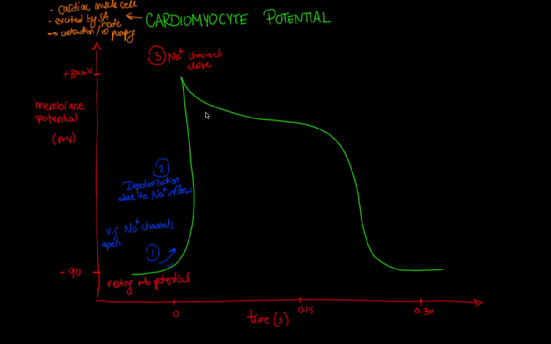The next phase is what we call the plateau phase. What takes place here is the opening of slow calcium channels, and this results in calcium inflow into the cell. It also triggers the opening of chemically gated calcium channels on the sarcoplasmic reticulum, which then releases more calcium.